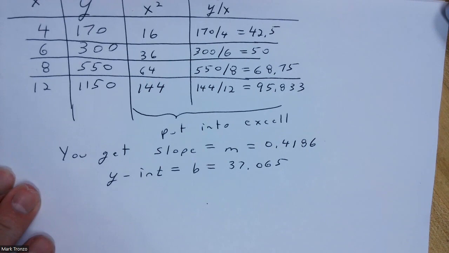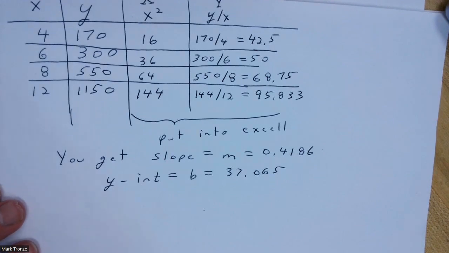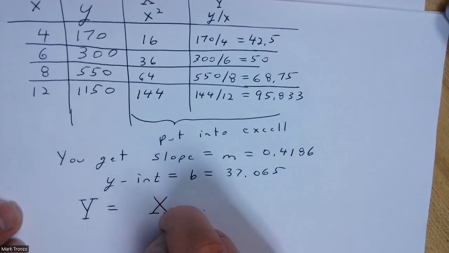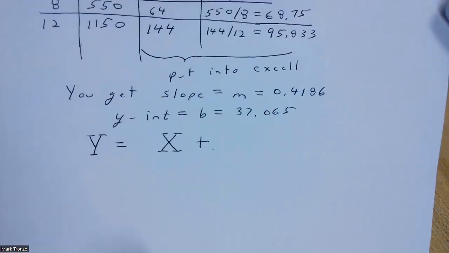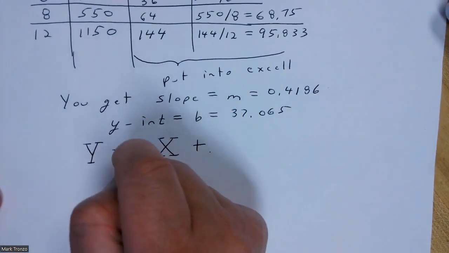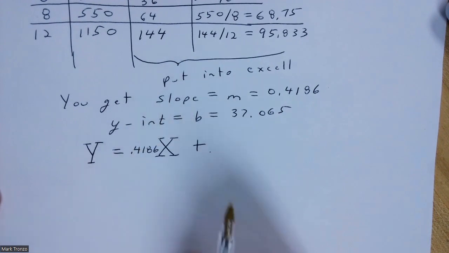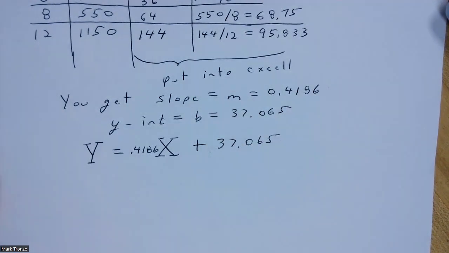So now we did this using capital X and capital Y. What we found were the coefficients of this equation. The m that we just found is 0.4186, and the y-intercept is 37.065.